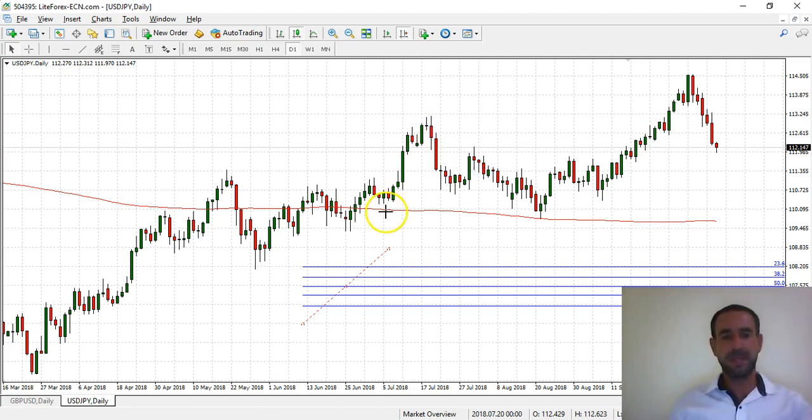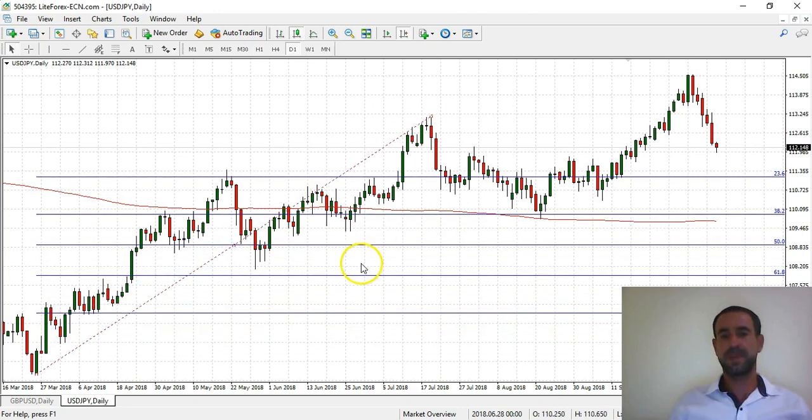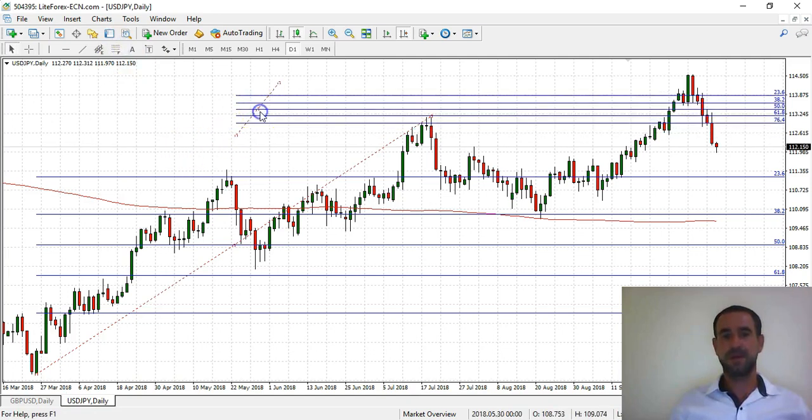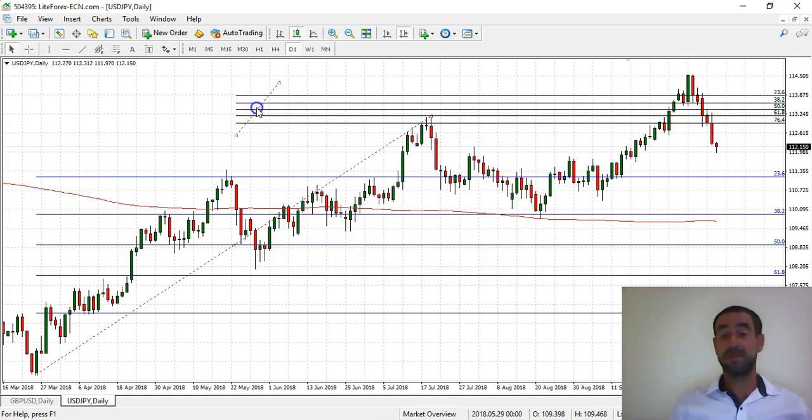So I immediately took the Fibonacci corrective tool and applied the same technique I just showed you, right? I took the whole move from the very beginning to the very top. And then I took a second measurement. I gave it a different color, and I applied it to the last segment, like I told you a couple of minutes ago.